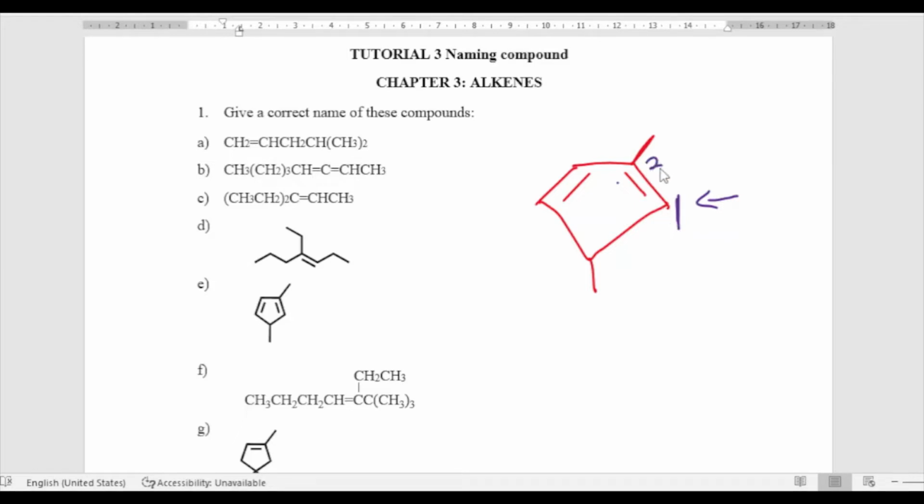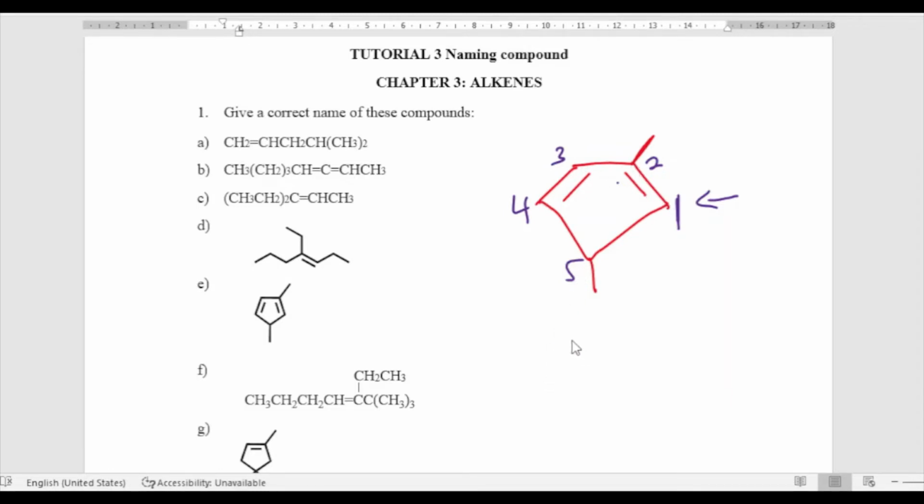1, 2, 3, 4, 5. We start numbering from here because then you give the two double bonds the lowest carbon numbers, and also the substituents the lowest carbon numbers.